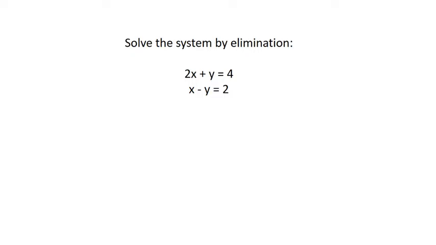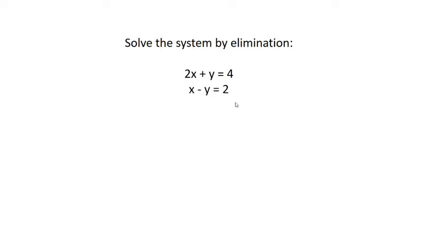Hi everyone, so today we're gonna look at how to solve a system of equations by the elimination method. So the idea is to somehow eliminate one of the variables.